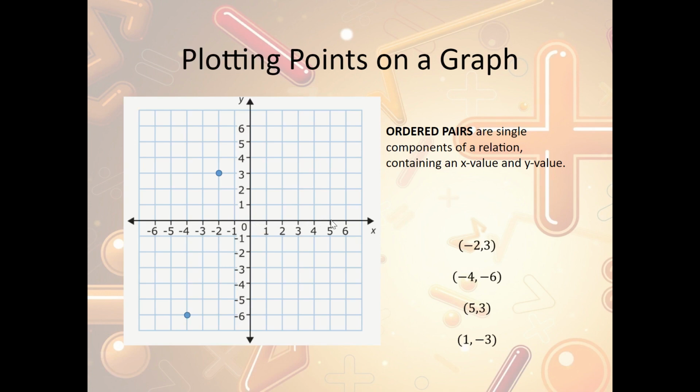And y is 3, so I'm going to go find 3, which is right there. And there's that point. And lastly, I have 1, -3. So x is 1, so I'm going to go find 1 on the x-axis, which is here. And -3 on the y-axis, which is here. And I plot that point. And now I have plotted all 4 of these ordered pairs.